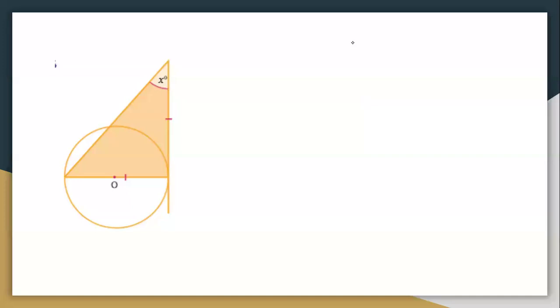Now, do you know a quadrilateral, a four-sided figure? Let me start from a rectangle. What is the total degrees we have inside a rectangle?